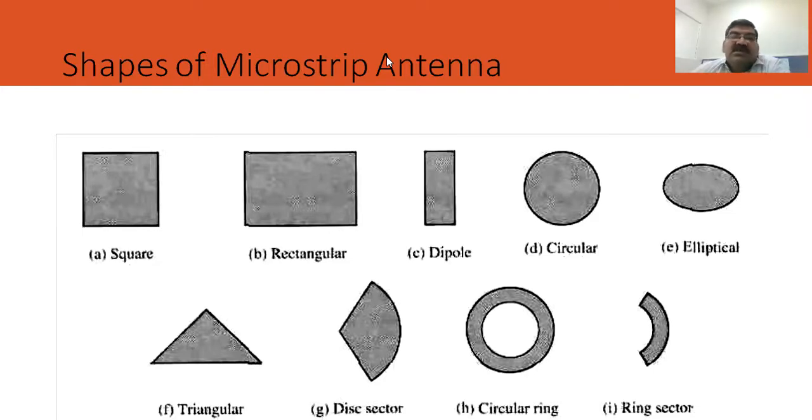What is the question? An antenna having gain of 6.7 dB and front to back ratio of 11.7 dB and resonating at 2.4 gigahertz. These are the design constraints. This is the design requirement somebody has put.